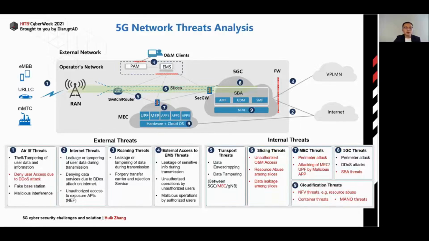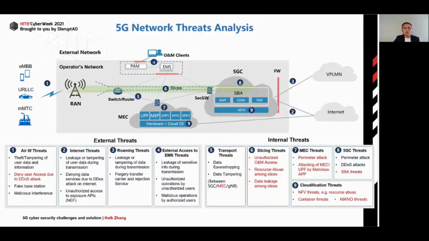For the air interface, because we know there will be many kinds of terminal devices or applications connected to the 5G network, DDoS attacks will be a very harmful threat for the 5G network. And also, due to the downsync of the UPF, the UPF and other third-party apps are deployed on the mobile edge computing, which is outside the core network or central equipment room.